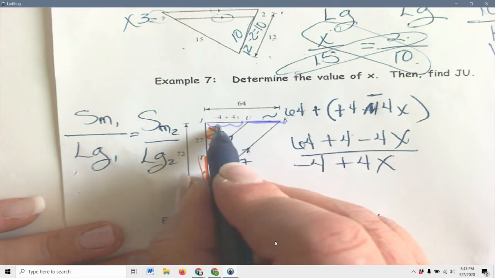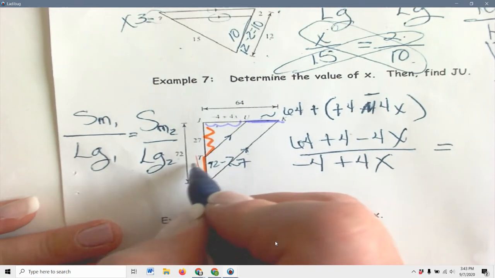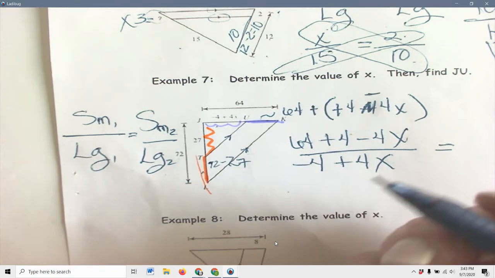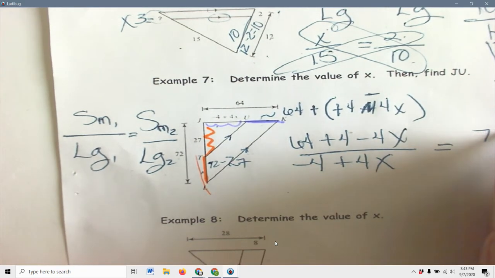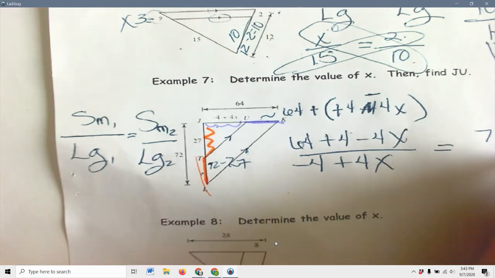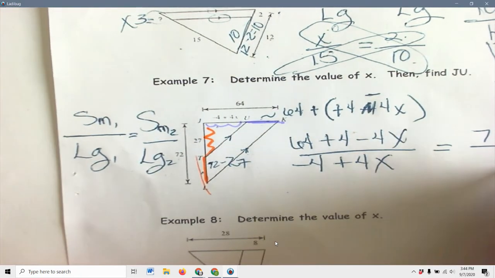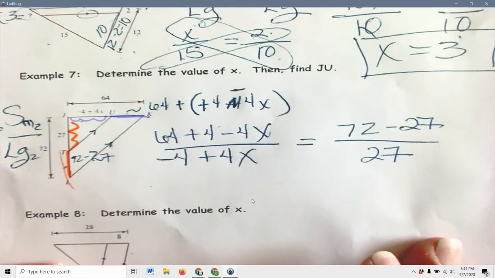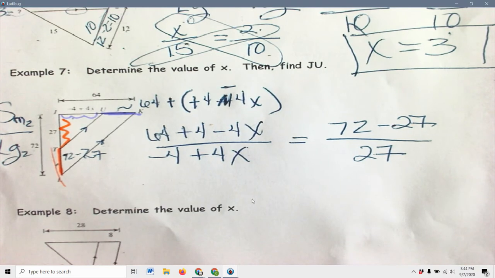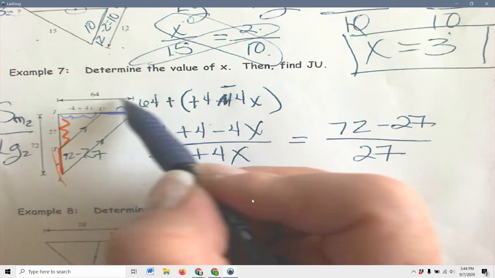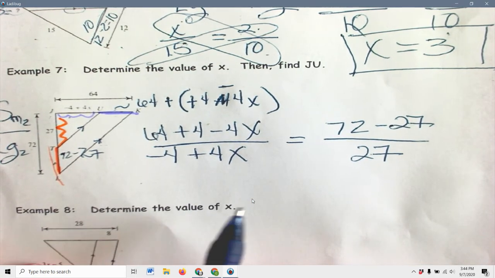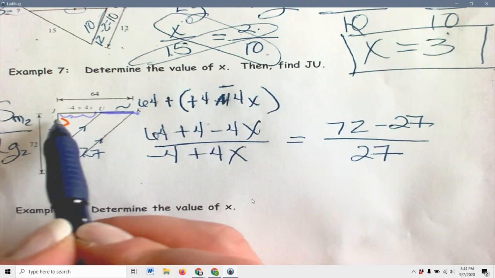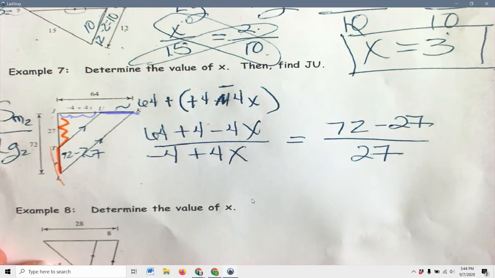So this side over this side is going to be equal to this guy over this guy. So 72 minus 27 over 27. Now let's go ahead and do some simplifying. Now remember, when those lines are parallel, it's going to cut these two sides proportionally. So one piece over the other piece will equal one piece over the other piece.